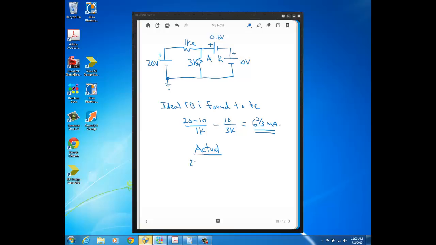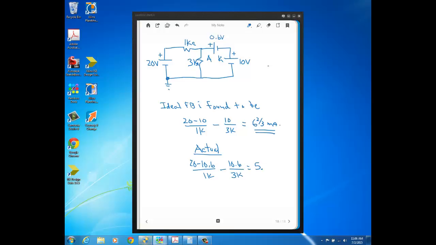So this is going to be 20 minus 10.6 divided by 1K. Then you subtract the current through the 3K from the current through the 1K, and the current through the 3K has 10.6 volts across it, divided by 3K.